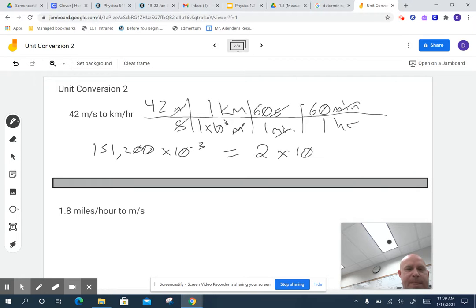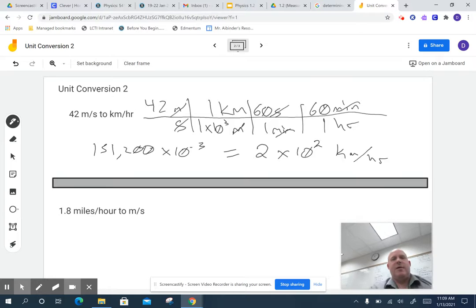So, okay, negative 3, negative 2, negative 1, 0, 1, 2 times 10 to the second, because that's what I put right there. So 2 times 10 to the second kilometers per hour.